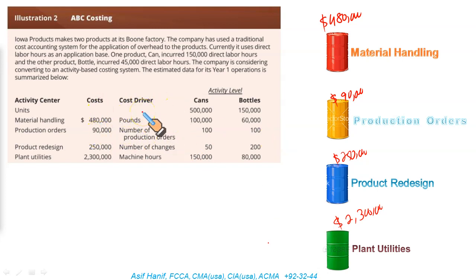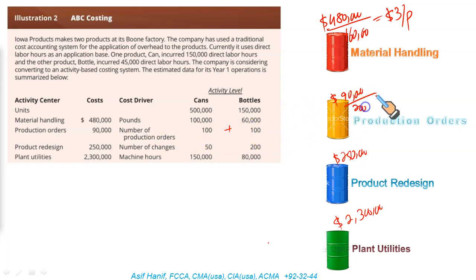Now the cost driver for material handling is a total of 160,000 pounds. Divided by 160,000, you will get the rate for material handling of $3 per pound. So if you handle 1 pound of material, the handling cost is $3. Then the next one is the production orders. We have $90,000, the size of this cost pool, and there are 200 production orders.